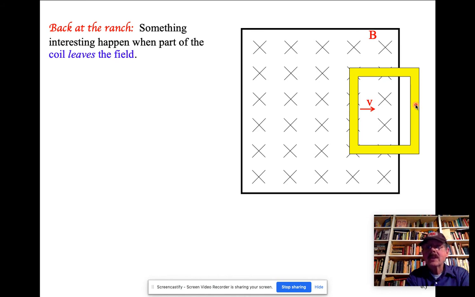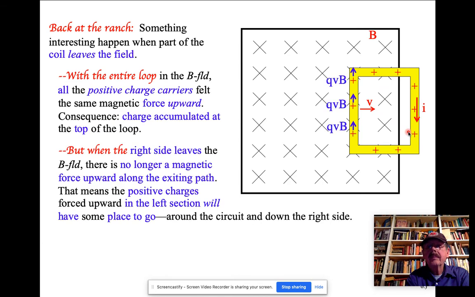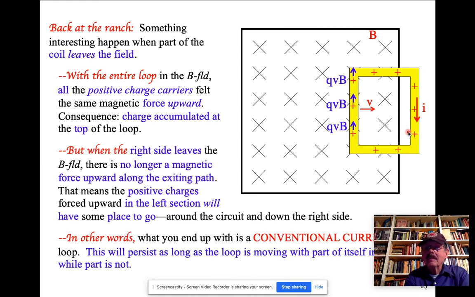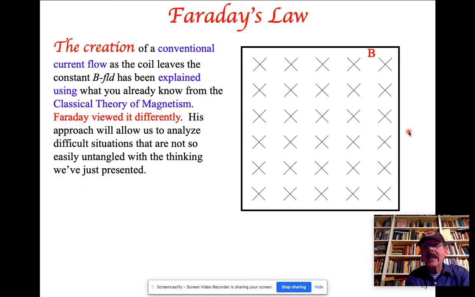And the consequence is that you're going to end up getting a current flowing in the coil. And as I said, you have just explained this phenomenon using the classical theory of magnetism. Now the deal is that Faraday didn't view it this way. Faraday looked at this problem from a different perspective, which is what we need to kind of get into.